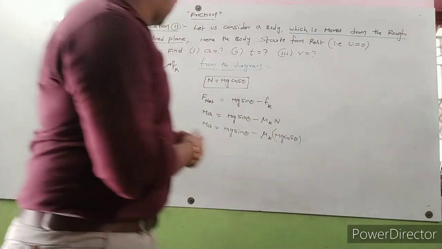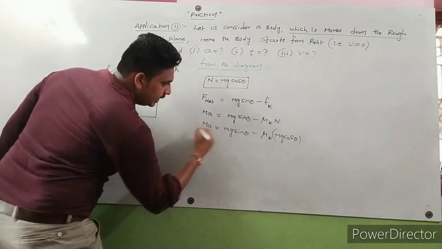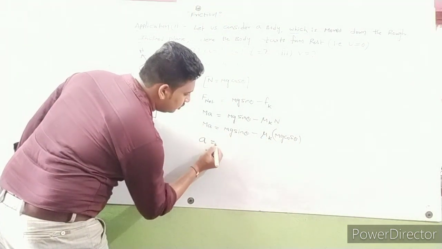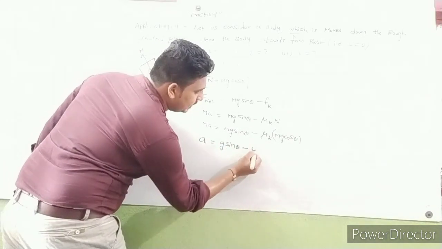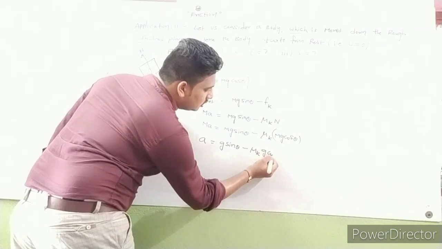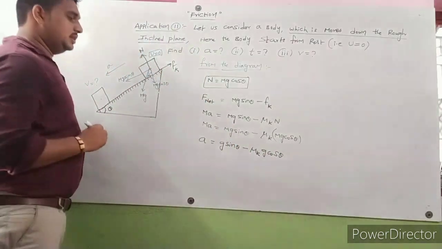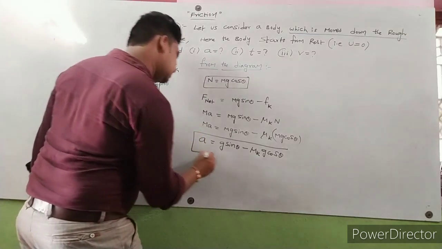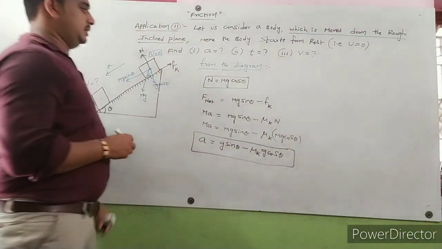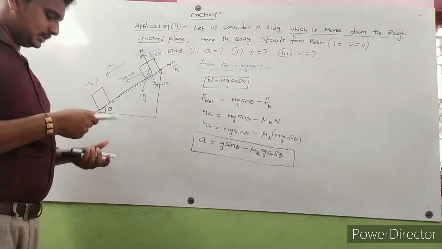Here m is cancelled. A is equal to g sin theta minus mu k into g cos theta. This is the acceleration.